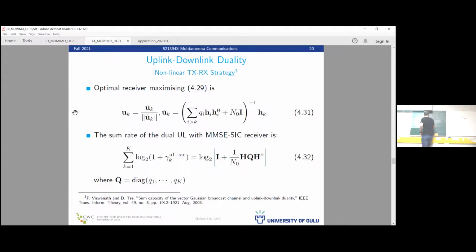If we now have this gamma expression, gamma uplink SIC, which is Q_K H_K Hermitian U_K divided by N0 plus the sum of I, assuming decoding order 1 to K, right?